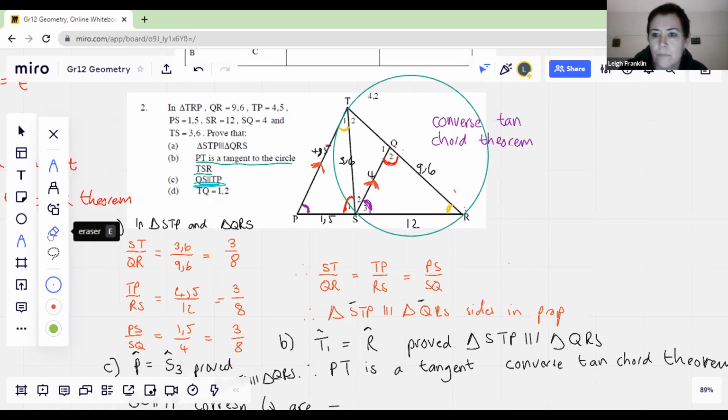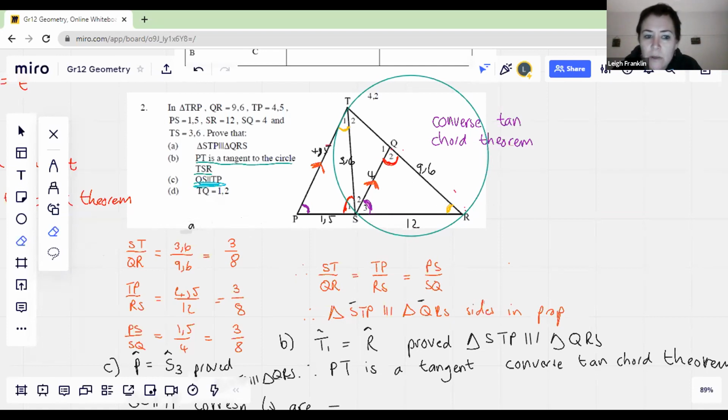A line drawn parallel to the third side, otherwise known as proportionality. Proportionality intercept theorem. Can you see how that's now coming into this as well? Now that we've proved that lines are parallel, we can use the proportionality intercept theorem inside triangle TRP.